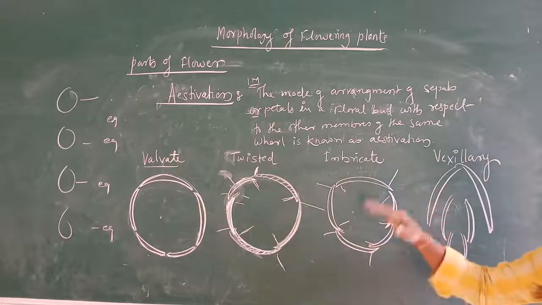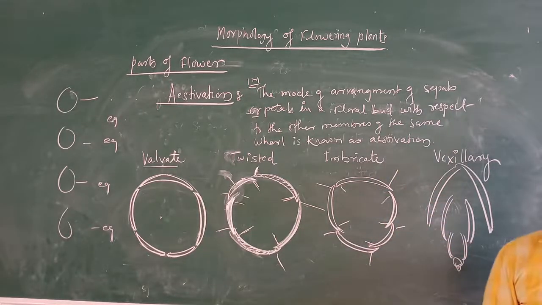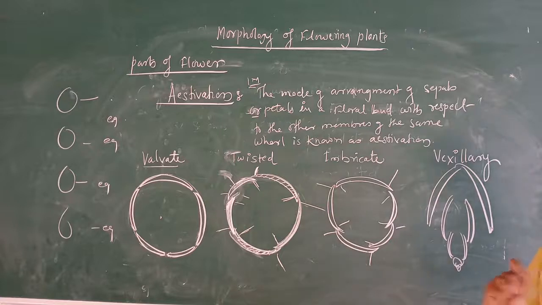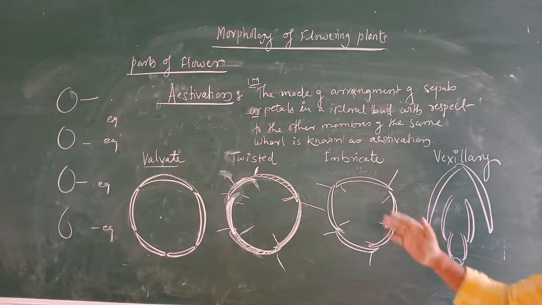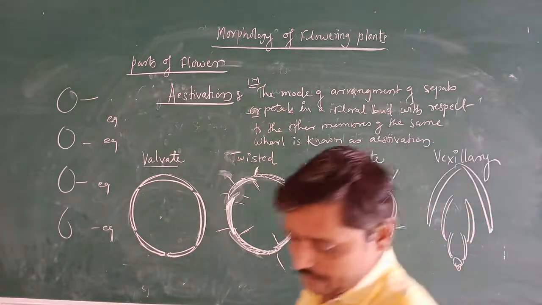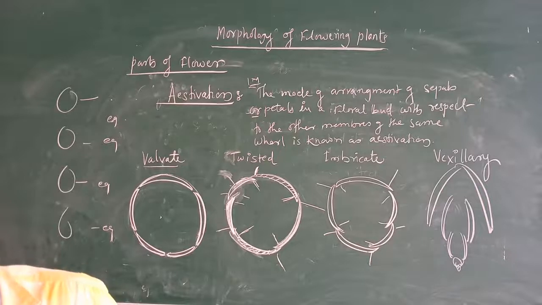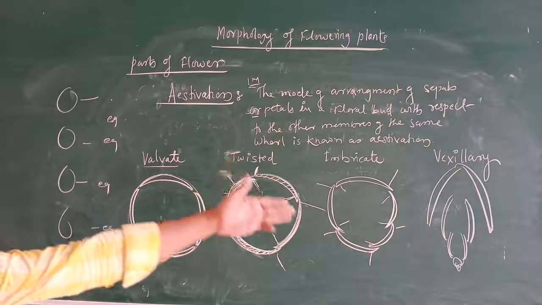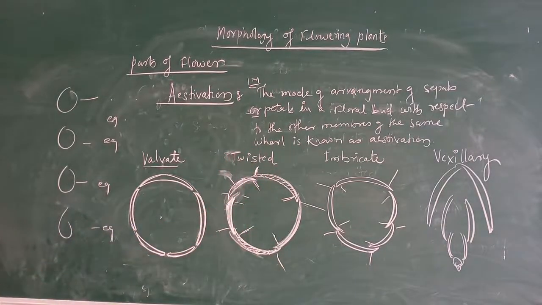In imbricate aestivation, here also the sepals or petals are arranged so that one margin overlaps another margin, but not in any particular manner. And the last one is axillary aestivation. In axillary aestivation, there are 5 petals. The largest overlaps the 2 lateral petals, which in turn overlap the 2 smallest petals. That is axillary aestivation.